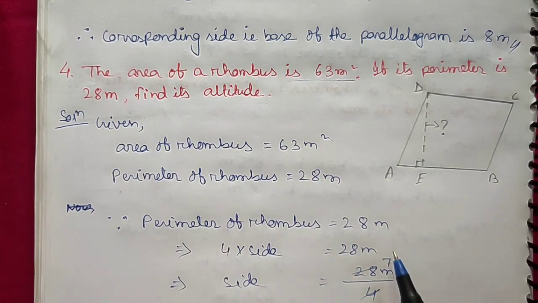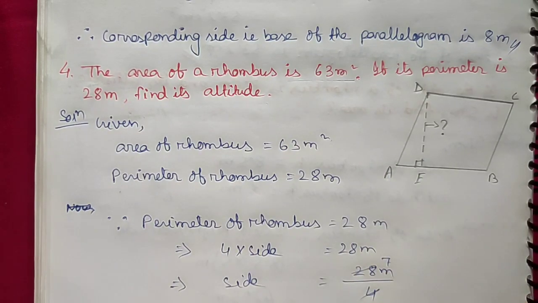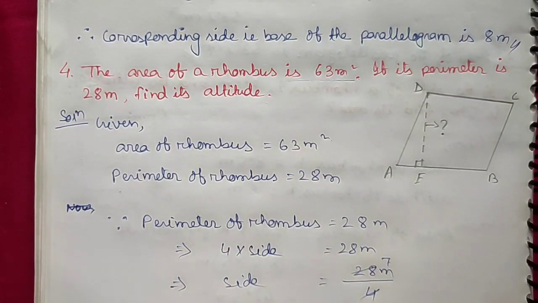When we divide 28 by 4, it will be 7. That means the side of the rhombus is 7. Now we have the side and we also have the area, so we can easily find its altitude. Let's see how.